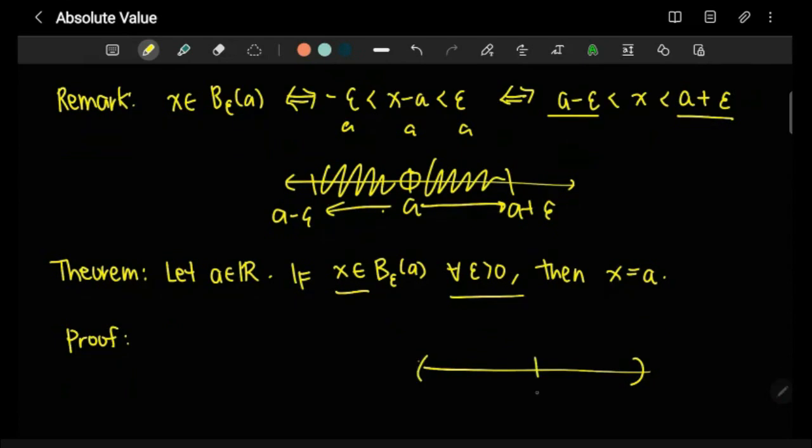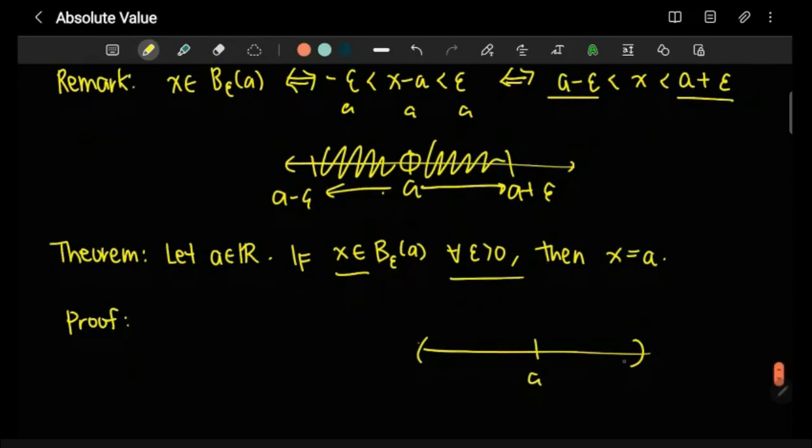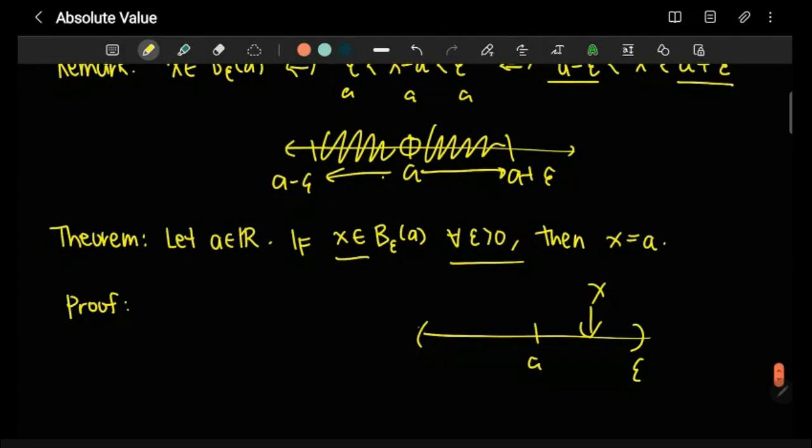I have a. Then I take an epsilon neighborhood. Then I choose an x. Okay. So there is an x in the epsilon neighborhood. Now, what if I make epsilon smaller? So for example, I divide epsilon by 10. So I get a smaller epsilon. So it becomes the epsilon over 10 neighborhood. So this epsilon over 10 neighborhood is a smaller neighborhood.